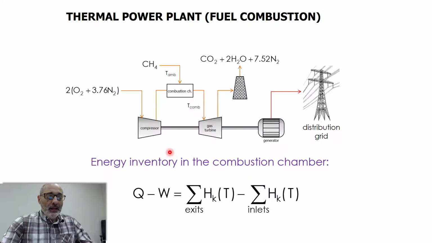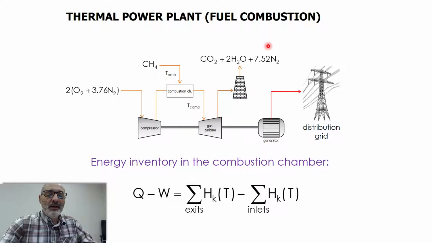Okay, I'm going to show you how to calculate this temperature and also how to control this temperature, because, as I said, you have material concerns here. Not only material concerns, but also pollution concerns, because if this temperature is excessively high, nitrogen is going to start to react with oxygen, and you have nitrogen oxides being formed.